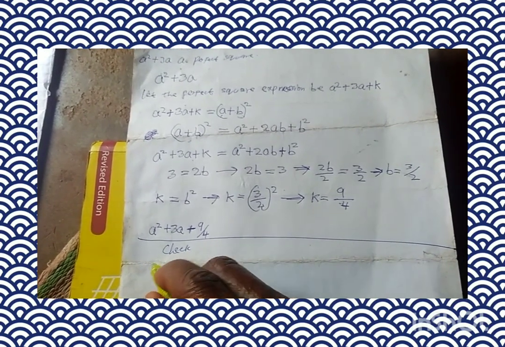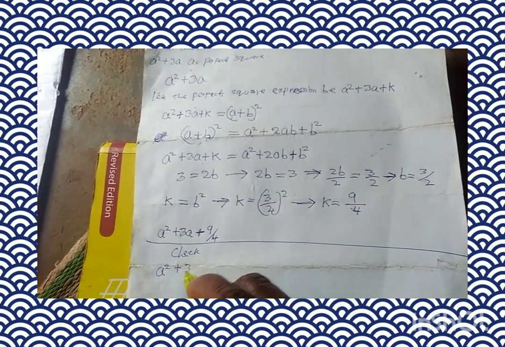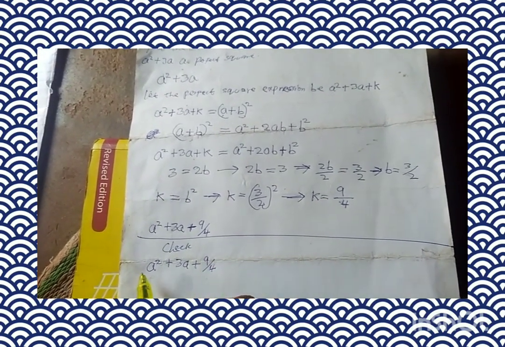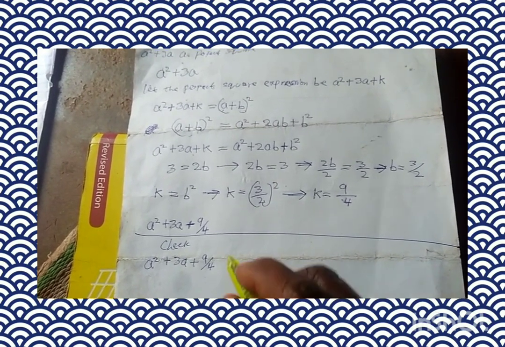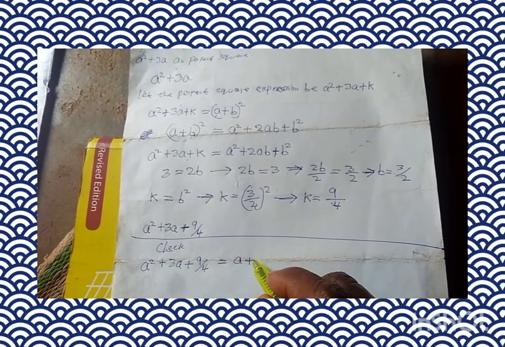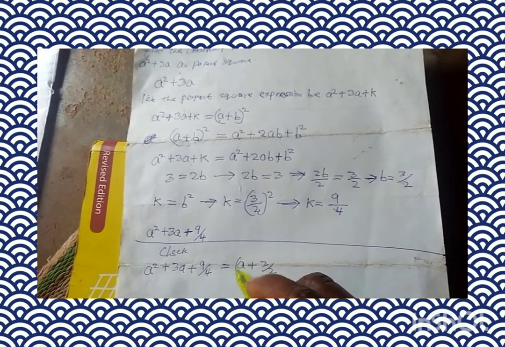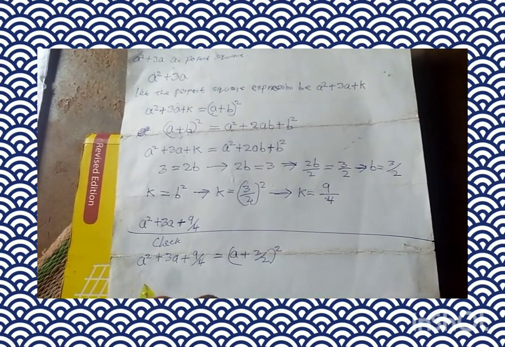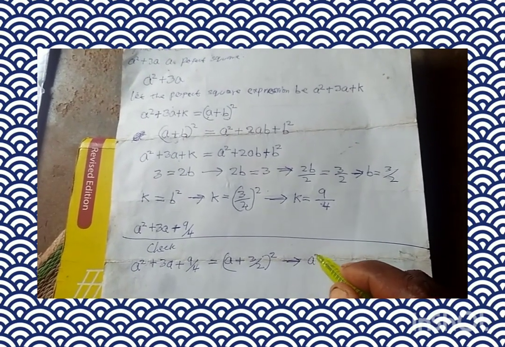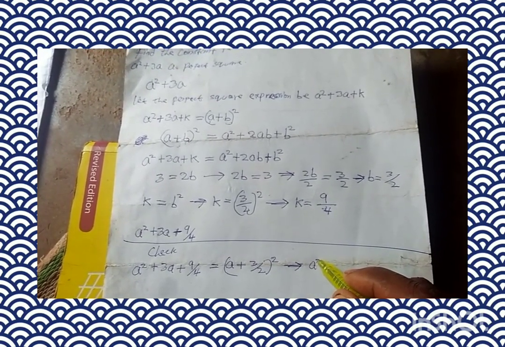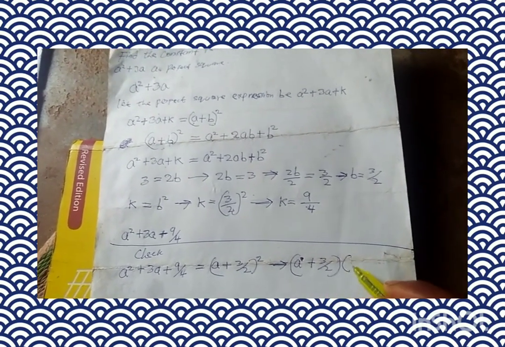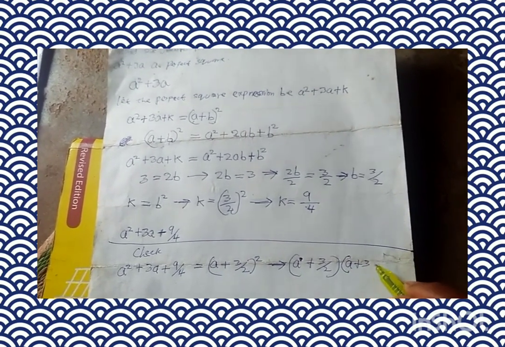To check, a squared plus 3a plus 9 over 4, if factored, gives us a plus 3 over 2 squared. Now expanding it, it gives us a plus 3 over 2 times a plus 3 over 2.